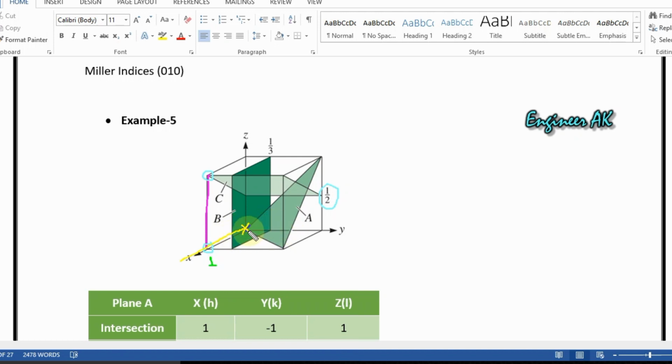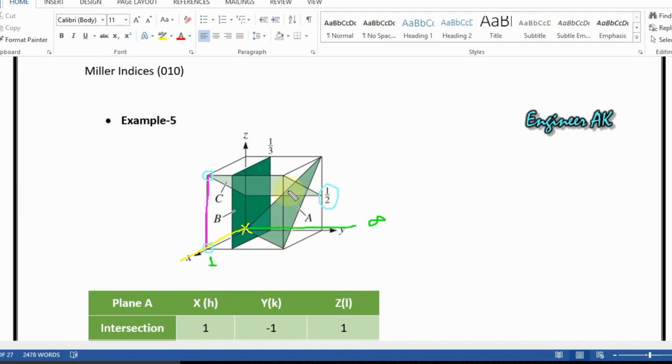Now if I move in the y-axis, it is not cutting the plane, right? Because this plane is parallel to this line. You can see that this line and this line are parallel, so it is not cutting, and we can say that it is meeting at infinity. And if I move in the z-axis, we can see that it will cut the plane at 1/2, right?